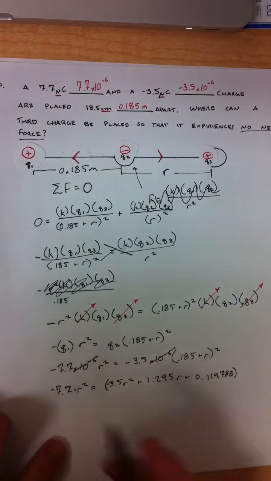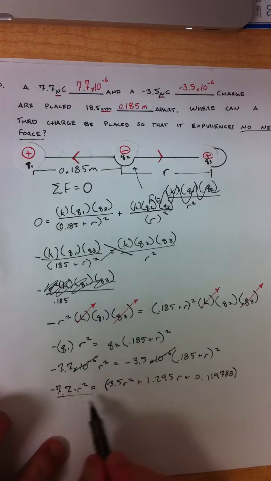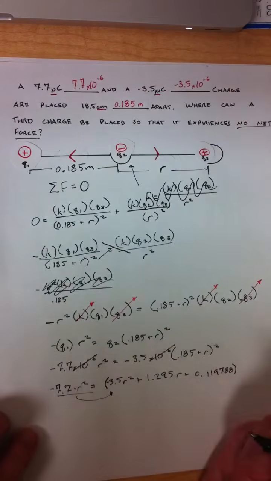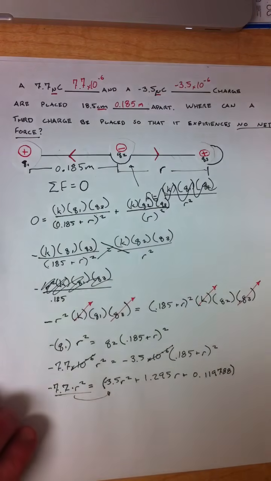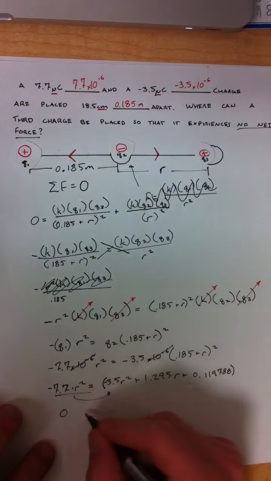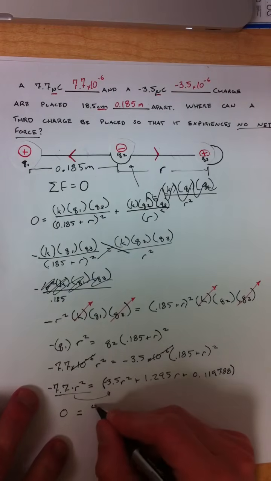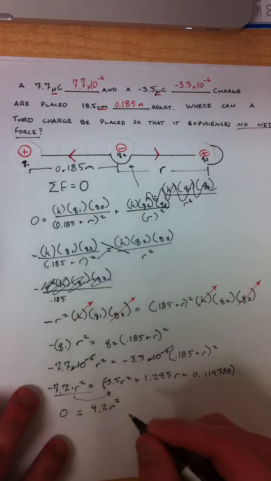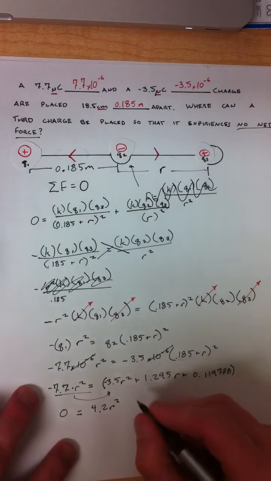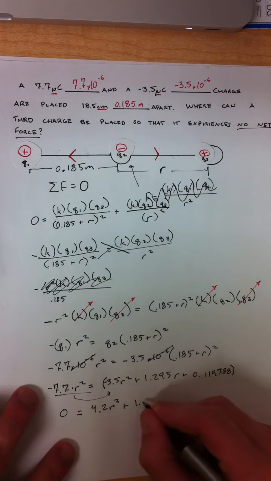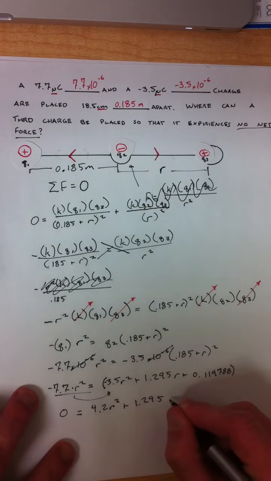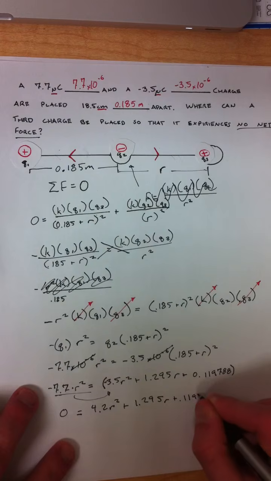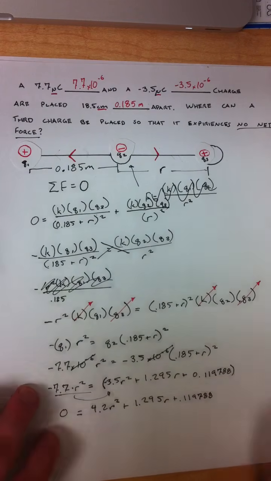And then we can go ahead and move over this term and subtract it over to here. That'll bring us to 0 equals 4.2 r squared plus 1.295 r plus 0.119788.